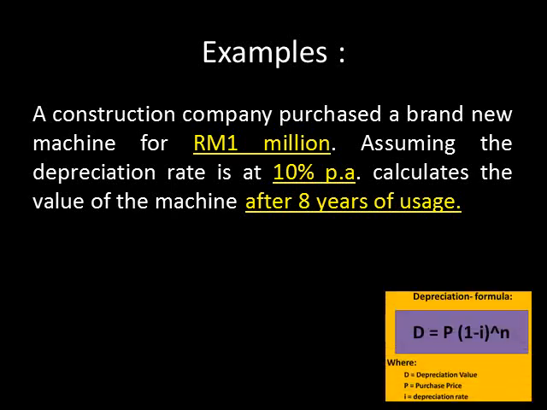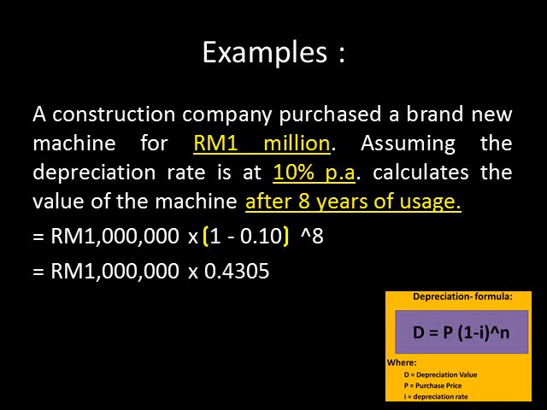So we recap the formula. D, depreciation value, equals P times 1 minus I to the power of N. P is the price, so the price is 1 million, times 1 minus 0.10, which is the 10% depreciation rate, to the power of 8 years.